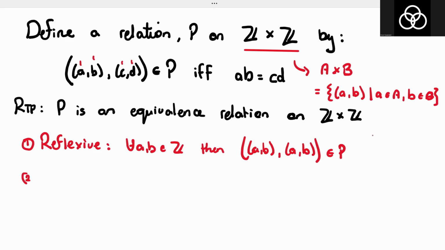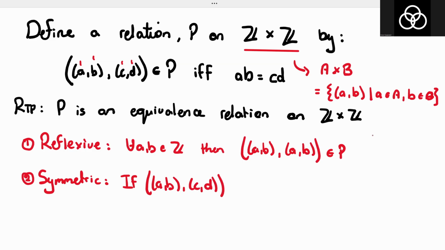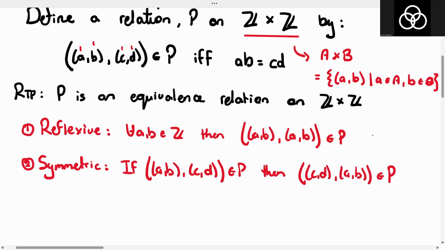Then we need to show it is symmetric. So this one is for a and b in the set of integers, if (a,b) and (c,d) belong to P, then (c,d) and (a,b) belong to P, right? So this is symmetric, so you flip it.